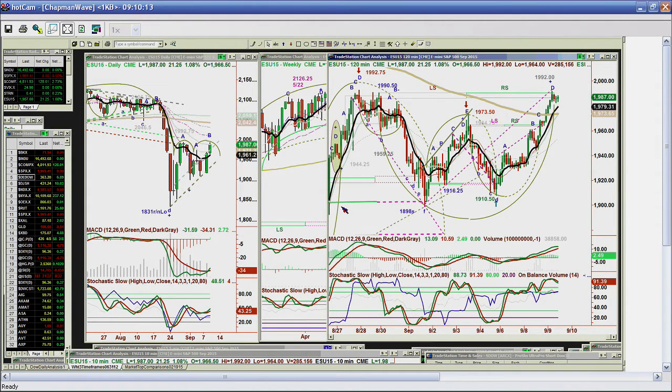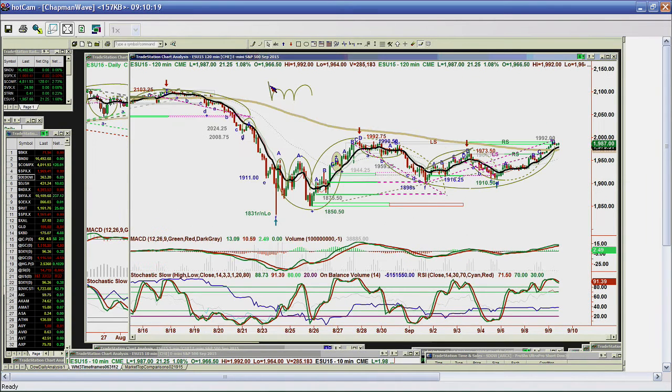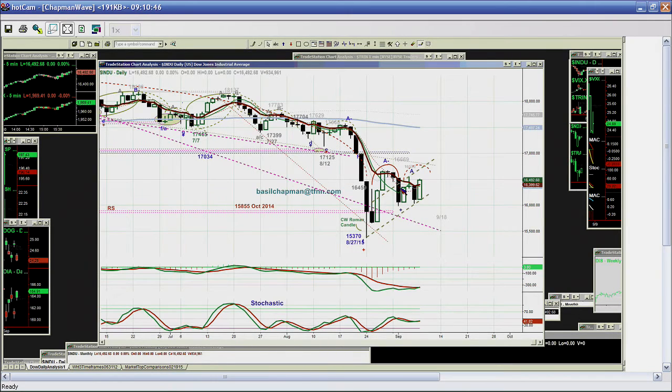You can see that the pattern that I had drawn in a while back of what I call the lowercase h that goes to a lowercase m that can become a larger arch formation, especially if the left side low is not broken, which it hasn't been, suggests that this area that we're in right now, if I was to put it into the context of my daily chart, this is the daily chart of the Dow, the arch that has gone to the M formation when today opens, and it goes above 16,590 for leg B to the upside.